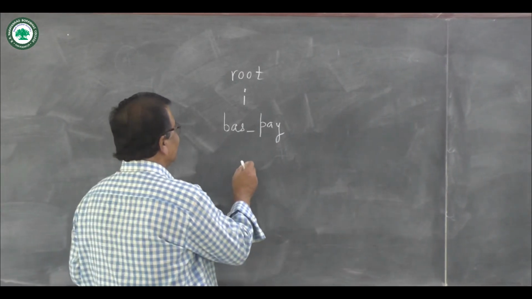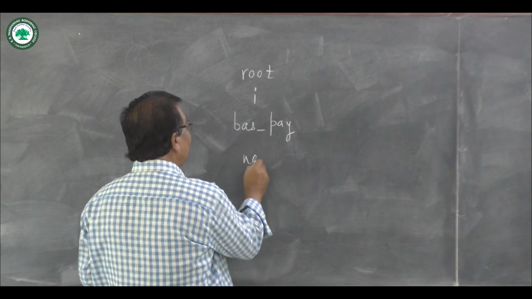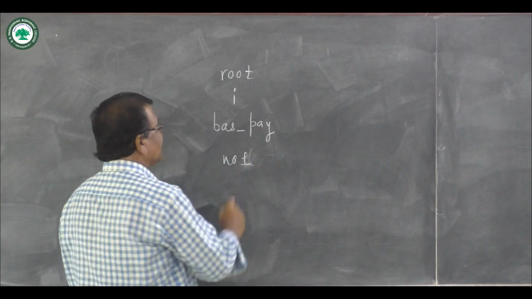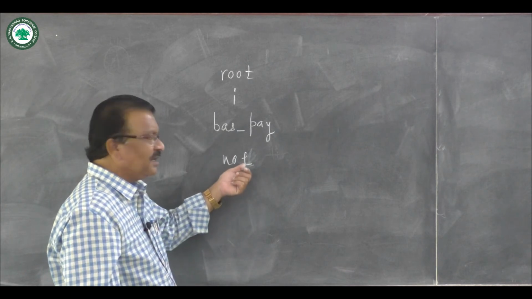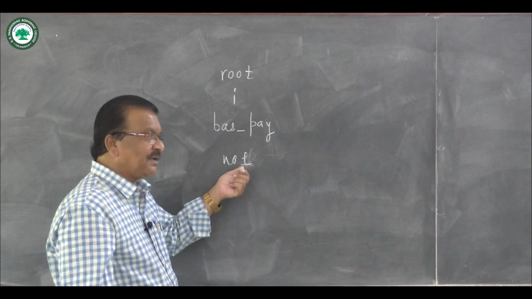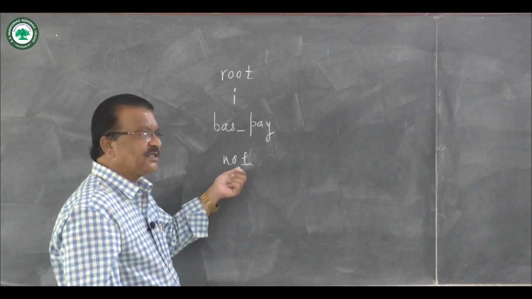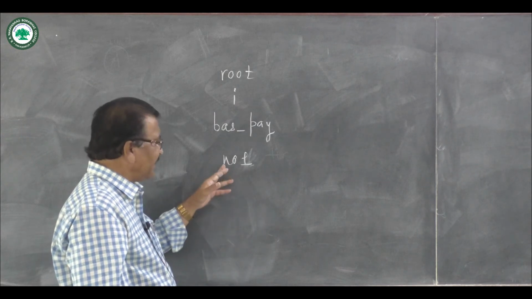Then the next example is number1. This is also a valid variable name. But what you are observing here is that I have used digit 1 while constructing this variable name. It doesn't matter, but it should not be the first character.